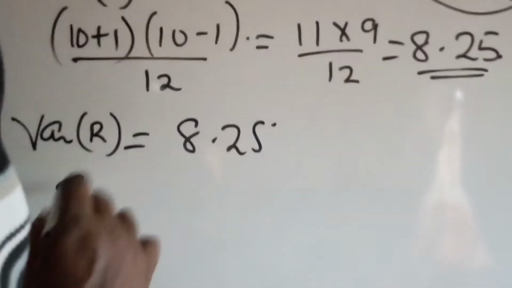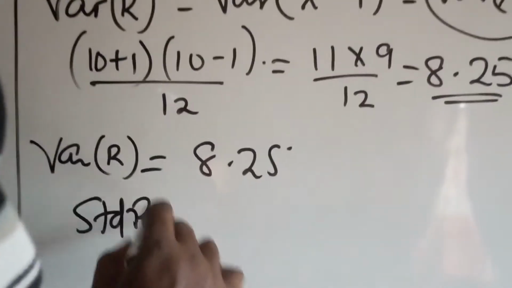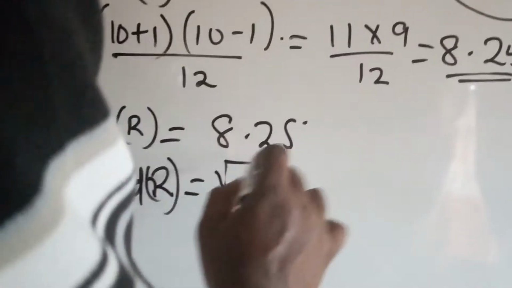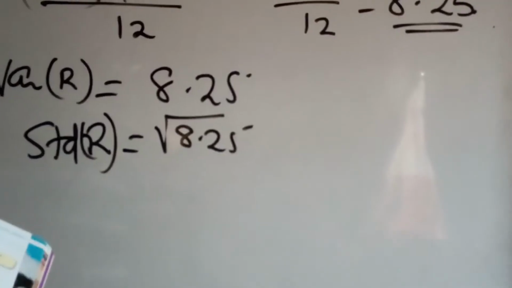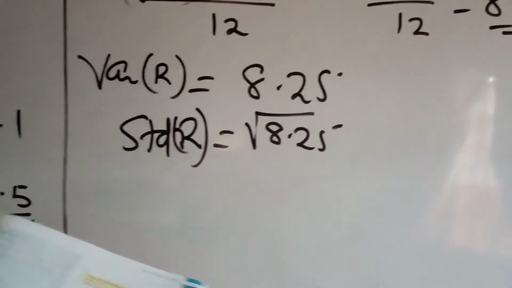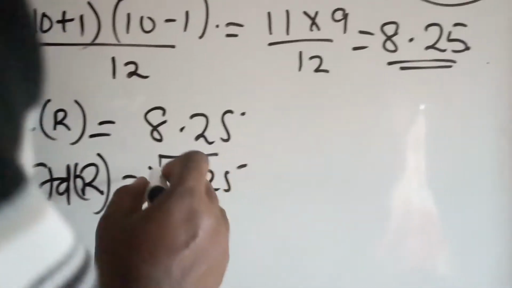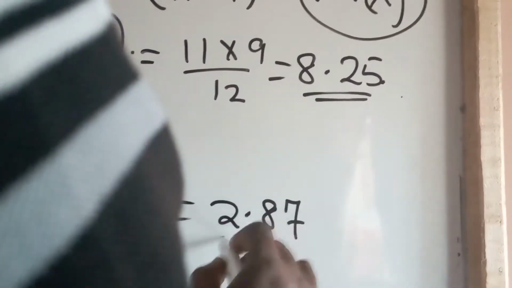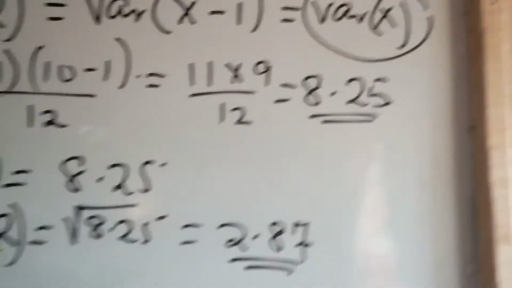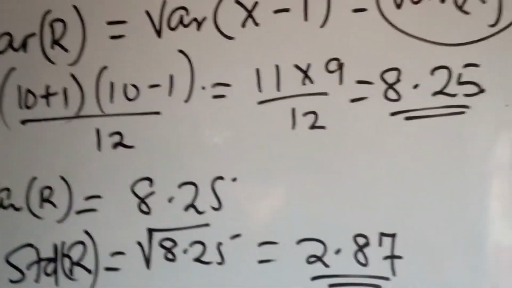And that being the variance, the variance of R should be equal to 8.25. But the standard deviation of R is the root of the variance, the root of 8.25, which gives us 2.87 to 3 significant figures.